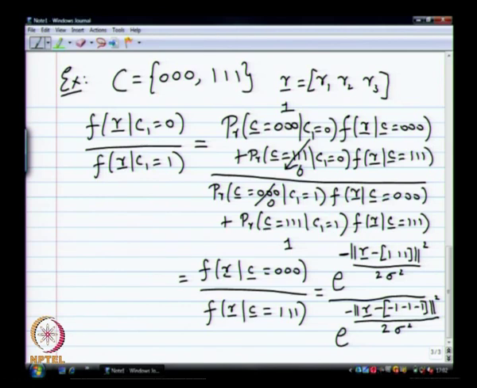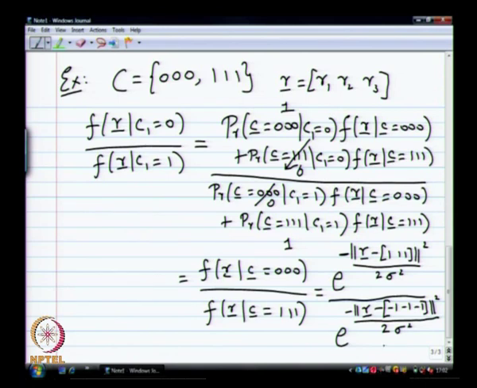Is that okay? Simple. So I have an explicit formula for my vector likelihood ratio in terms of the received vector R. Once you give me an R, I will plug it in, compute this, and see whether it is greater than 1 or not.